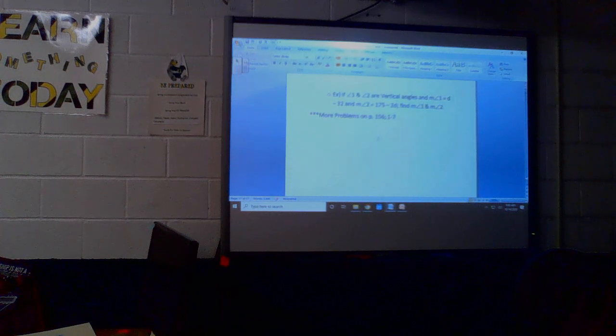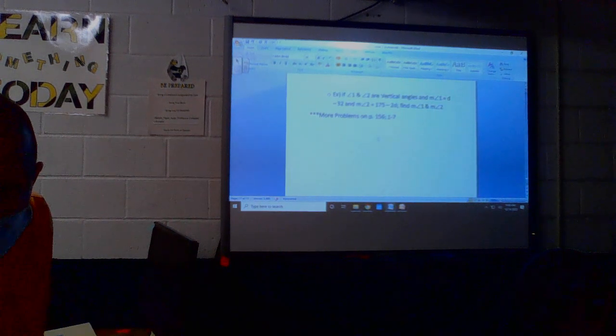Is what we find for d my answer? No. What do I have to do with that d? Put it back in. So again, make sure you answer the question for what is being asked. It says find angle 1 and angle 2. It doesn't say anything about letter d. But obviously I have to find d in order to find the two angles, correct? Make sense? All right, I'm sure I'm going to break your heart, but we'll stop right there and we'll look at problems tomorrow.